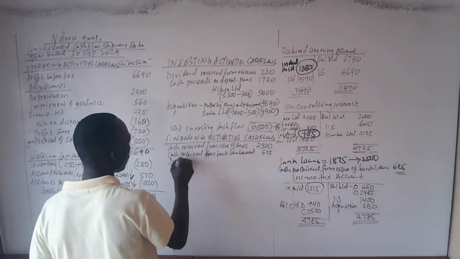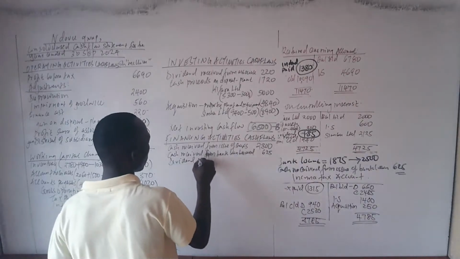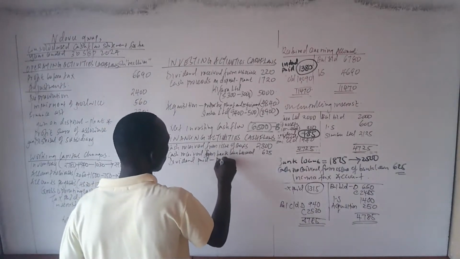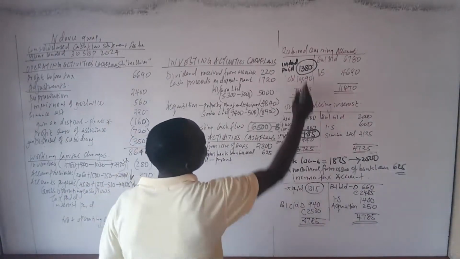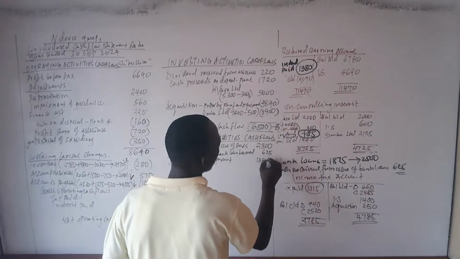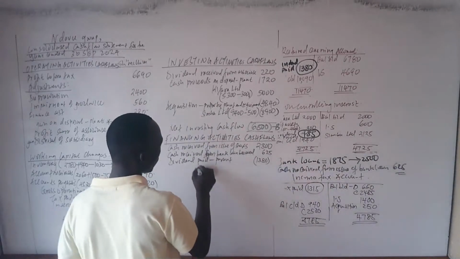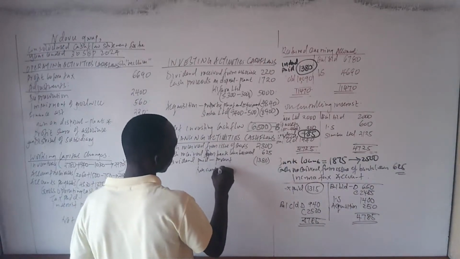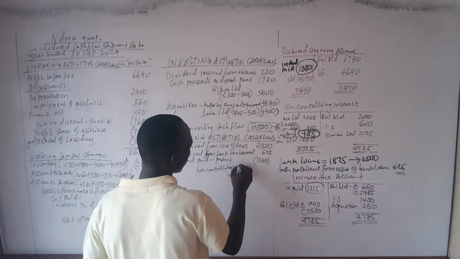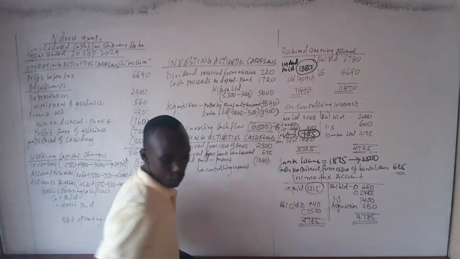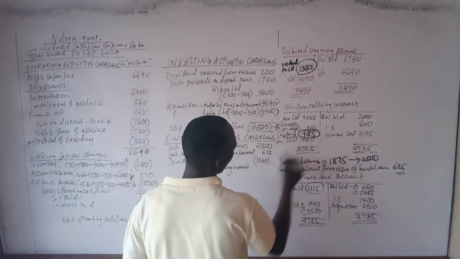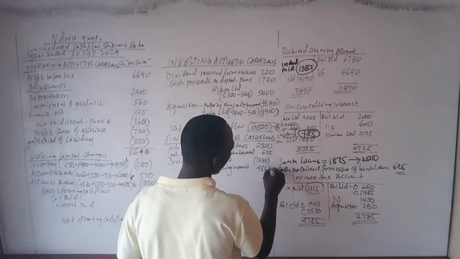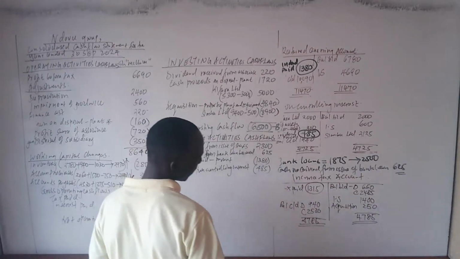Then we had the dividend paid. We start with the parent, which was 1,380. And then the non-controlling interest, which was 485. Anything else?